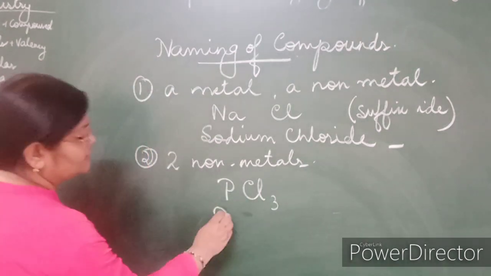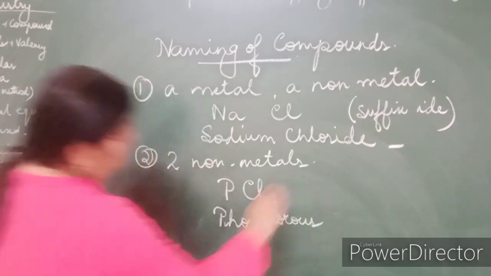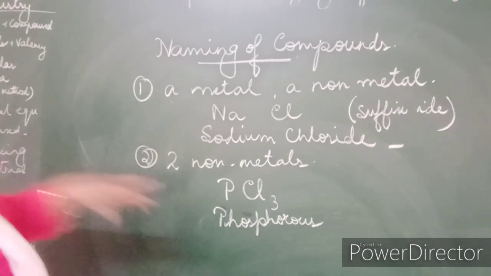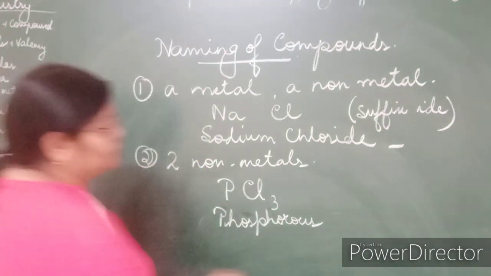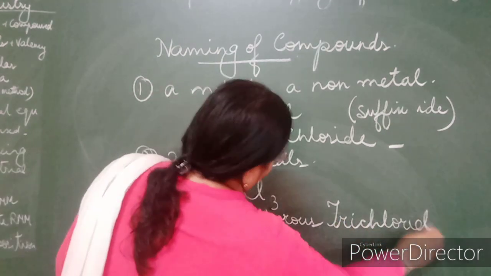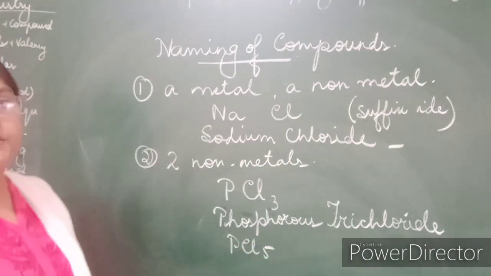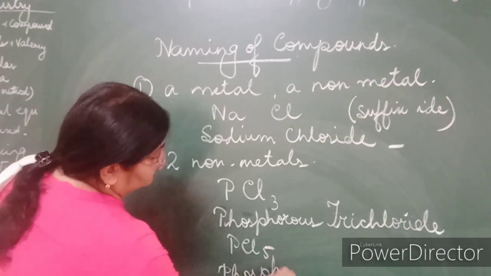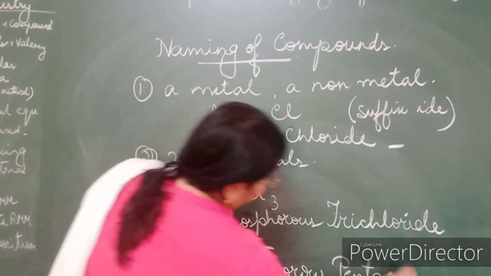P we will write as it is, phosphorus. Before we write chloride, we need to add the number that is written. 3 means tri. So phosphorus trichloride. If it was PCl5, as phosphorus has variable valency, it will become phosphorus pentachloride.